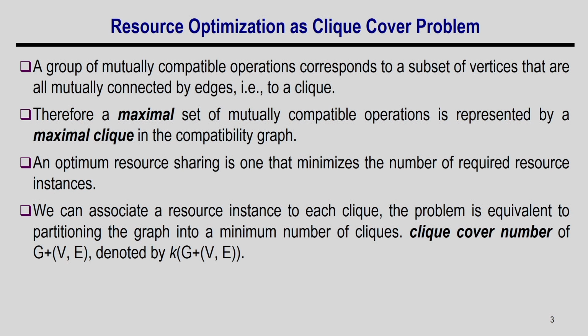So, by checking the compatibility of the operations, we can construct a graph where each node represents an operation, and the edges represent compatibility. We then conclude that finding the maximum clique of that graph, or the number of cliques needed to cover all the nodes of the graph, is nothing but the FU requirement, and each clique represents one FU, and all the nodes within the clique can be mapped to that particular FU, right.